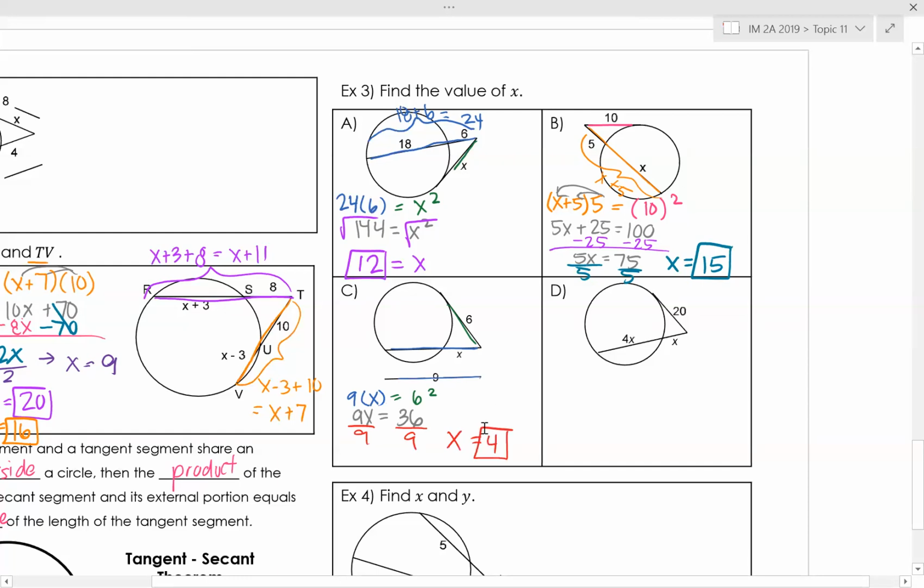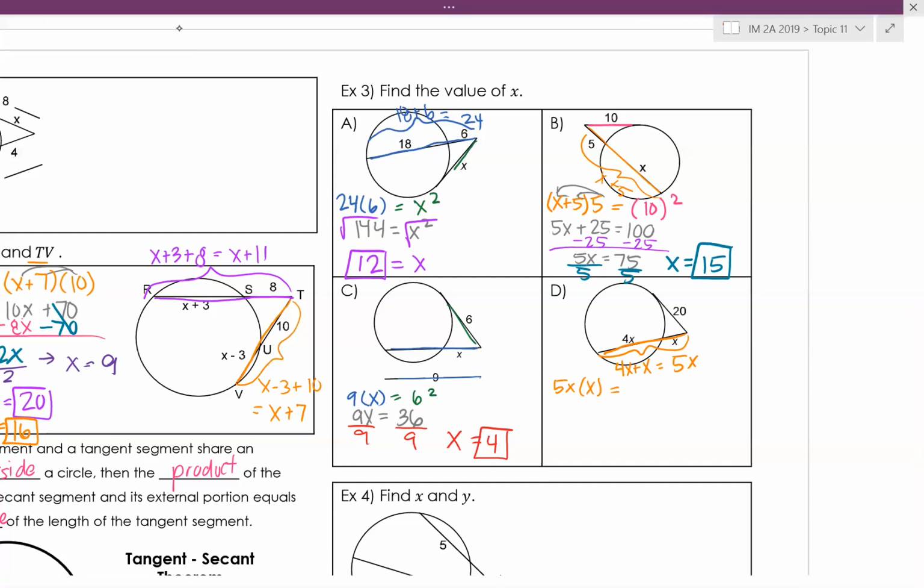So then for our last one, if we look at the whole here, that's 4x plus x. So that's going to be 5x. So 5x times the outside x is equal to the tangent line squared. Our tangent line is 20.